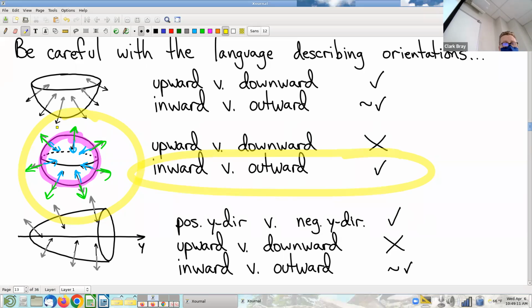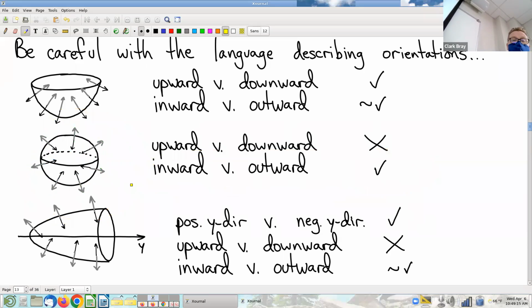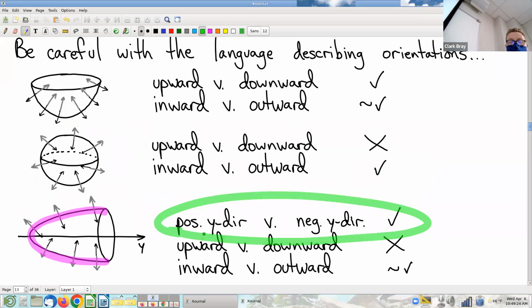And then thinking about this paraboloid here, a reasonable thing, I think, would be to say, oriented in either the positive y direction, as all of these inward pointing vectors are clearly going, versus the negative y direction, which of course is the other one.